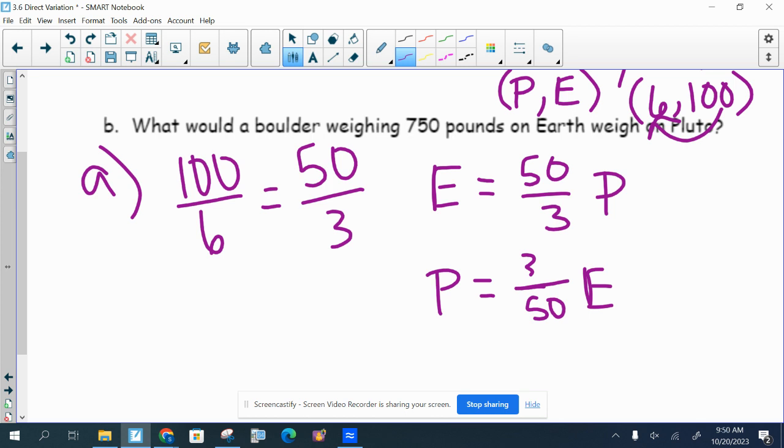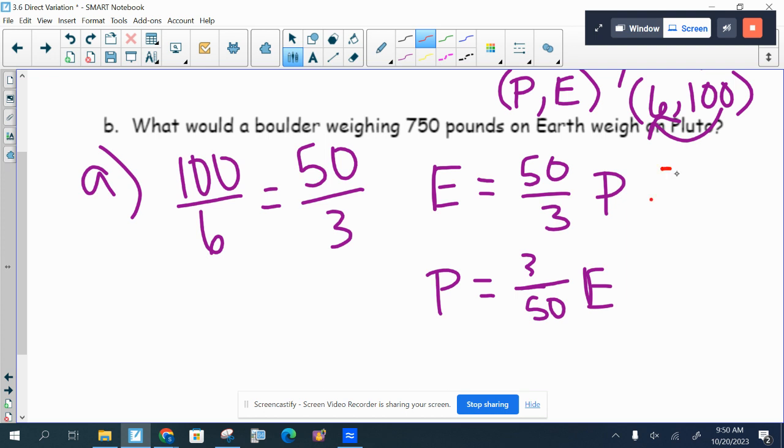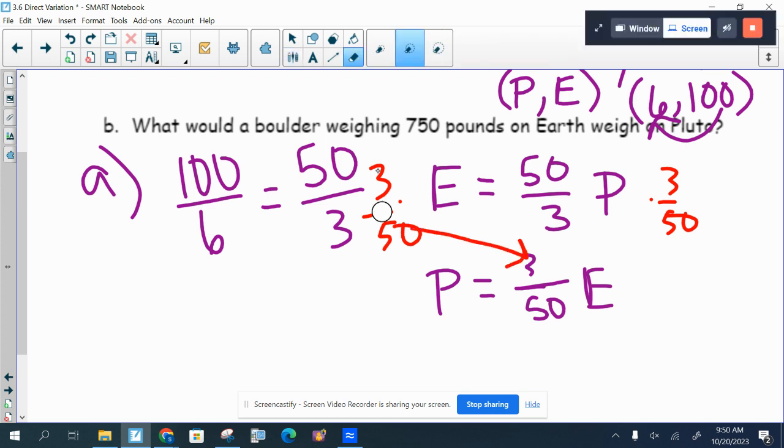Because, like, if P is the weight for Pluto, that means 50/3 is the weight of the Earth. Yes. And then I was kind of getting at, like, to solve for P, you'd multiply by the reciprocal, 3/50ths. And then that's how you end up getting 3/50ths E. So, but yeah, if you are switching the variables, you just take the reciprocal of A.